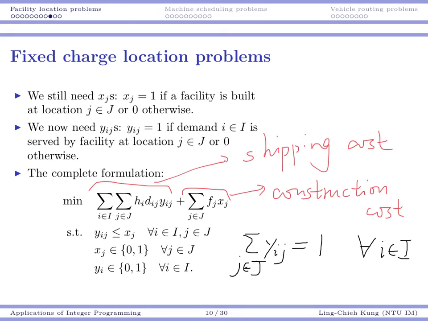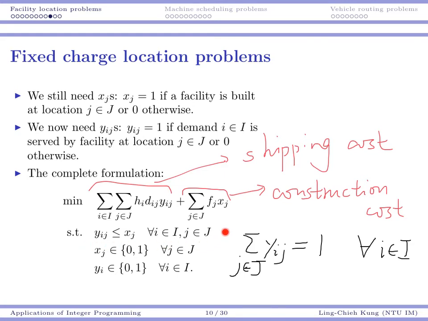This constraint that I forgot to put on the slides is that for each demand, you need to assign one and exactly one facility to serve it. You don't really need to make this a greater than or equal to, because you don't want to make two redundant deliveries.